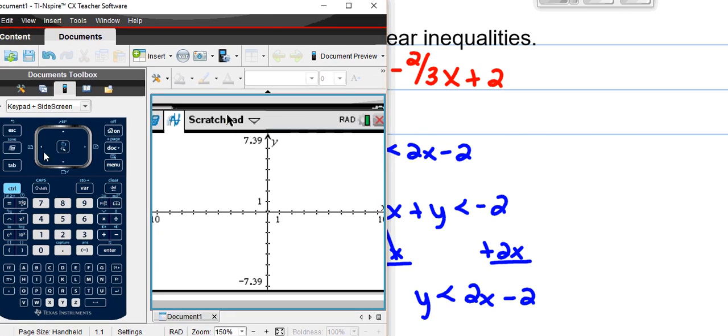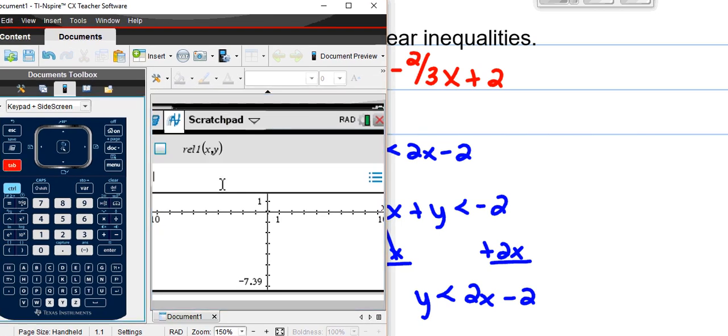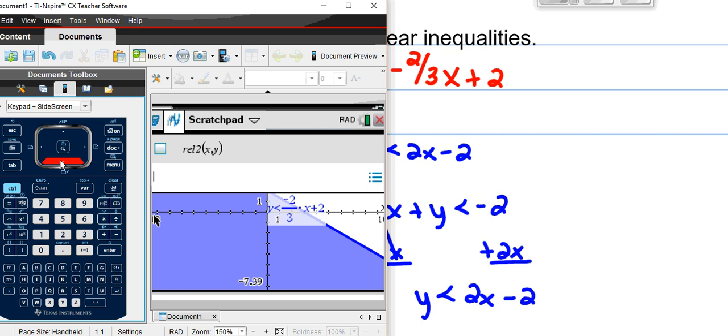Press tab, type in y is less than, so make sure you press control equals, get your less than, and we have negative 2 divided by 3 x plus 2. If you press the arrow down, you won't have to hit tab again.